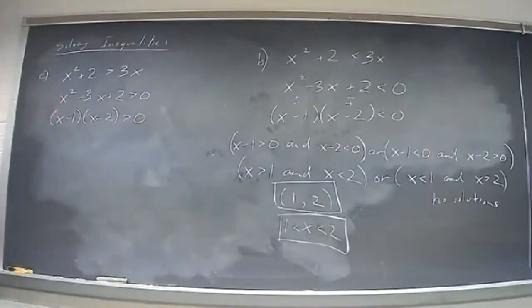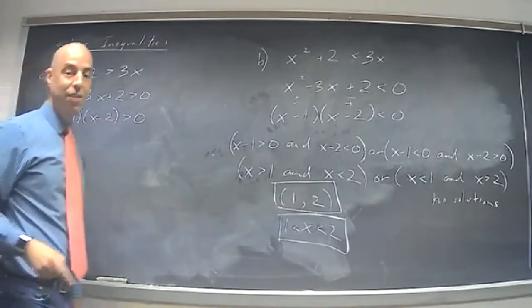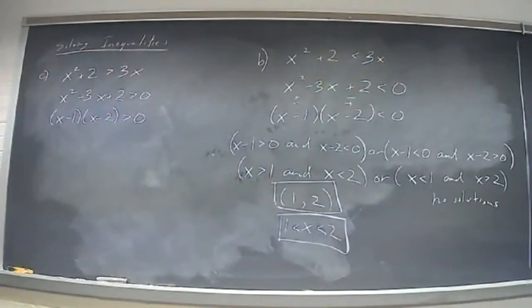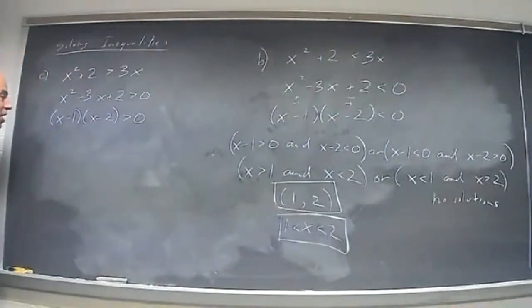That's all the same. So now, if the product of two numbers is positive, what can you tell me? They're both negative or both positive. Exactly. If you take two negative numbers and multiply them, you get a positive number. If you take two positive numbers and multiply them, you get a positive number.